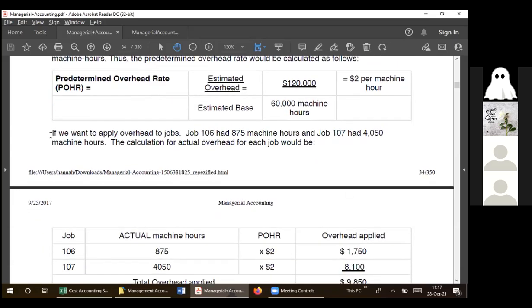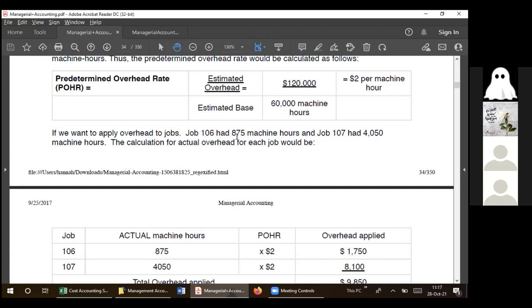So now you can apply this overhead to jobs. That is job 106 and job 107. Job 106 here says that there are 875 machine hours required to produce that job. For example, let's say somebody places an order for 1,000 t-shirts.